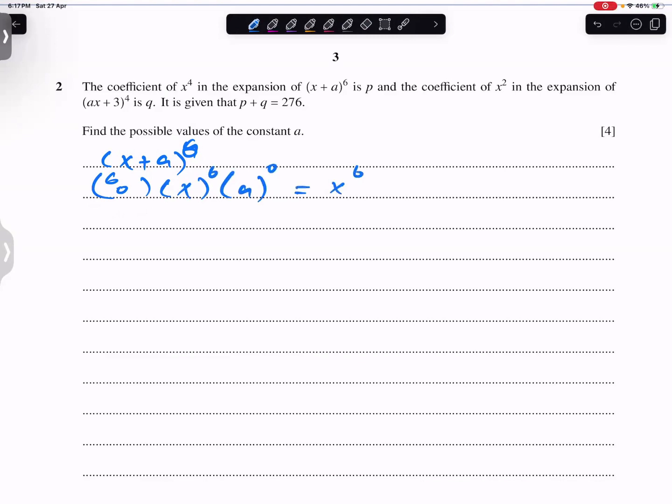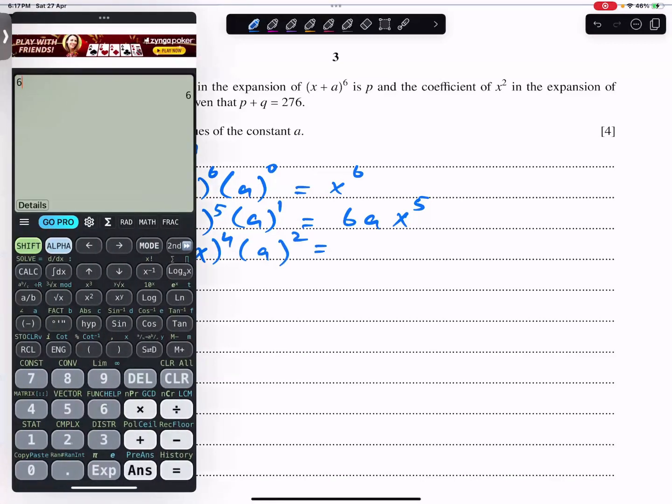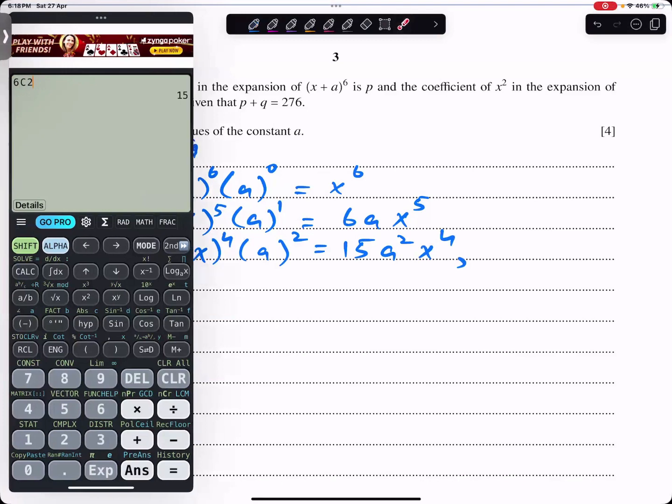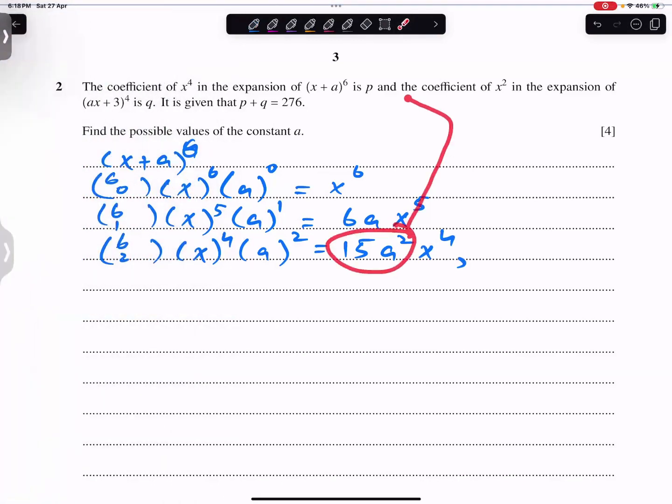So this is x raised to power 6, then 6c1, x raised to power 5, a raised to power 1. 6c1 is 6, so 6a x raised to power 5, 6c2, x raised to power 4, and a raised to power 2. So 6c2 is 15, a square x4. So you can see that the coefficient of x4 is this, and that is equal to p. So p is equal to 15a square.